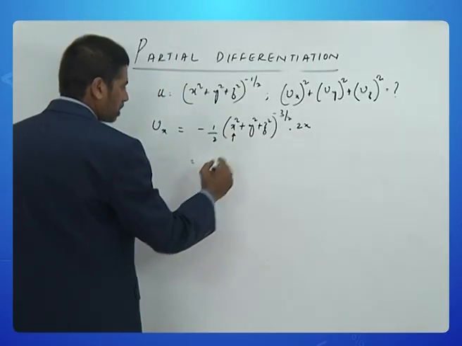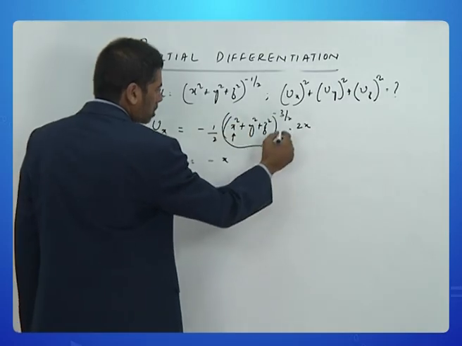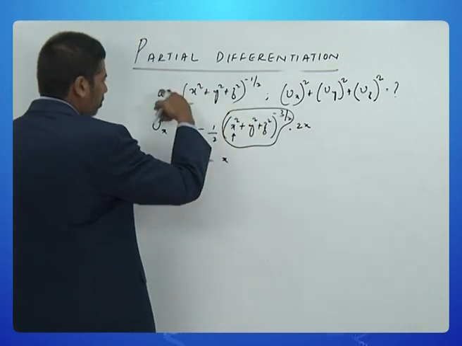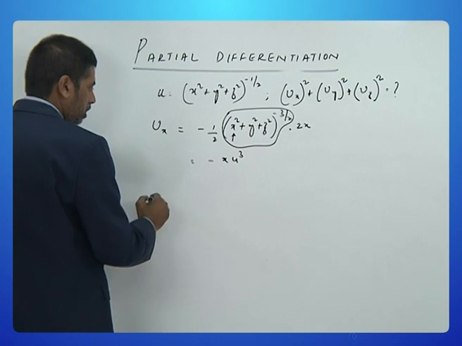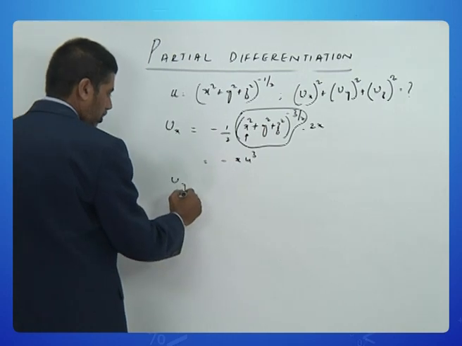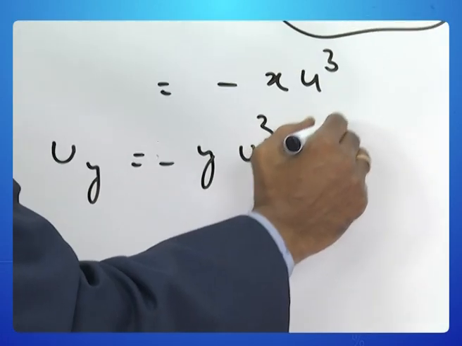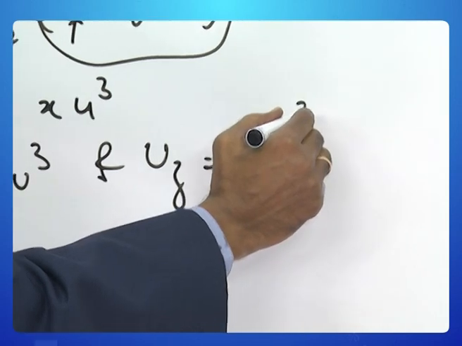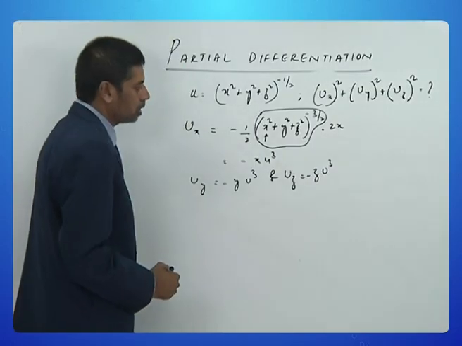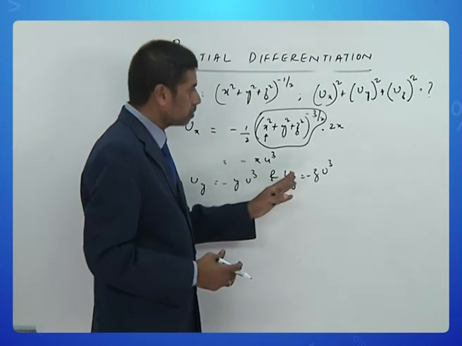So this can be written as minus x, and this in terms of u will be u cube. Similarly, uy will be minus y u cube, and uz is equal to minus z u cube. So that way we have compressed the entire thing in simple terms.